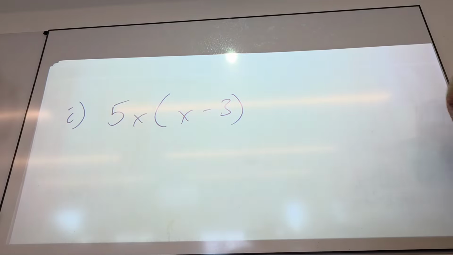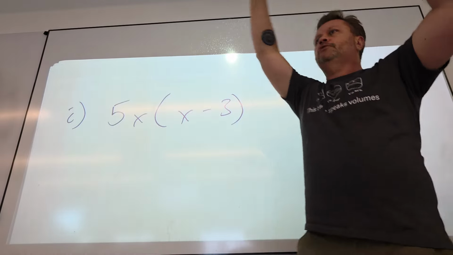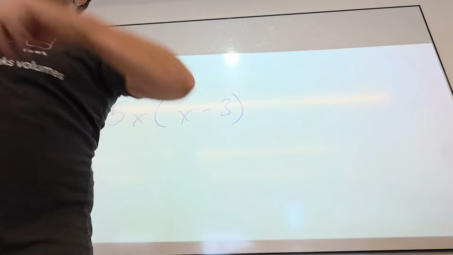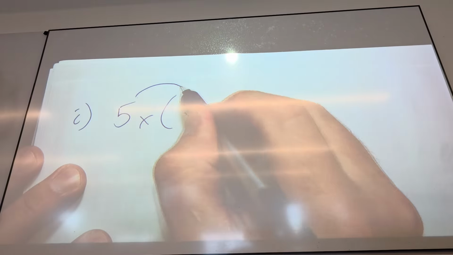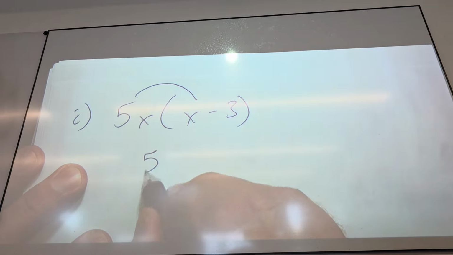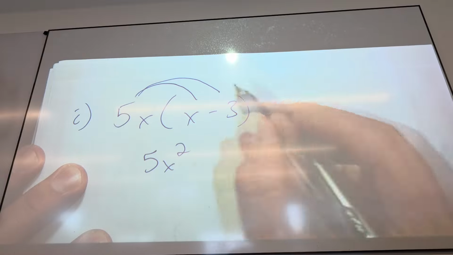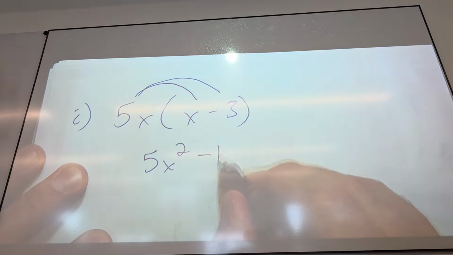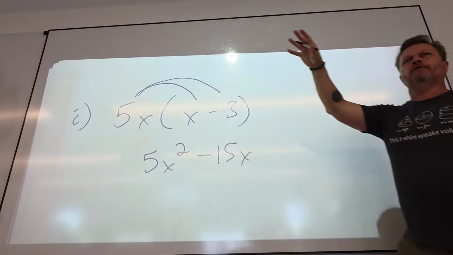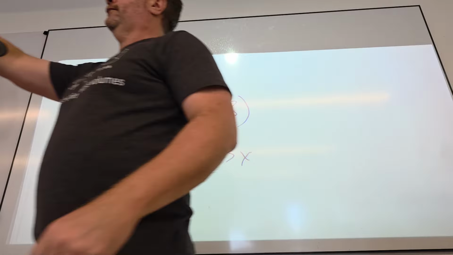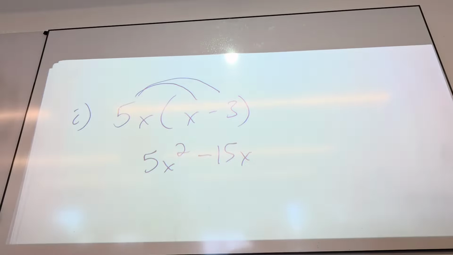Distribute, right? So I would give each term inside a 5x. What do you get? 5x squared, negative 15x.